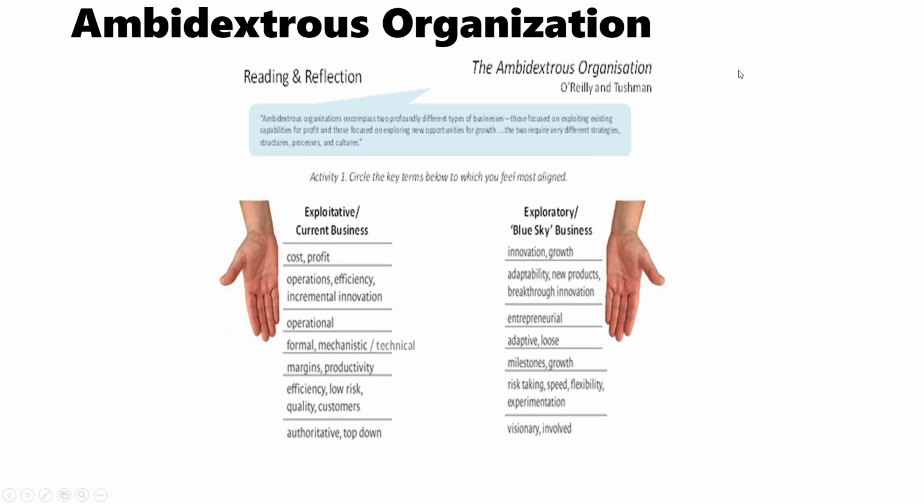The big challenge that we've got in local government now and in the future, and I think it's here to stay, is that there's enormous pressure on organisations, particularly in local government, to become what they call ambidextrous. O'Reilly and Tushman wrote a really interesting article in the Harvard Business Review many years ago, and they entitled it The Ambidextrous Organisation, which is a wonderful title, because if you're ambidextrous, it means that you can use your right hand or your left hand with equal competence.